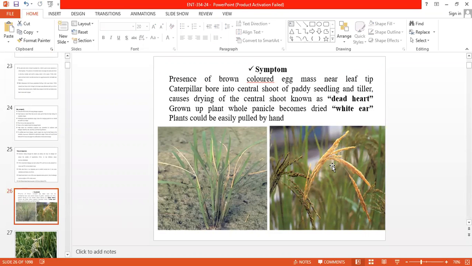So, drying of the panicle in growing plants is white ear, and dead heart is the drying of the central shoots, which mainly occurs during the seedling stage. In a grown-up plant, when the whole panicle becomes dried, that is called a white ear.